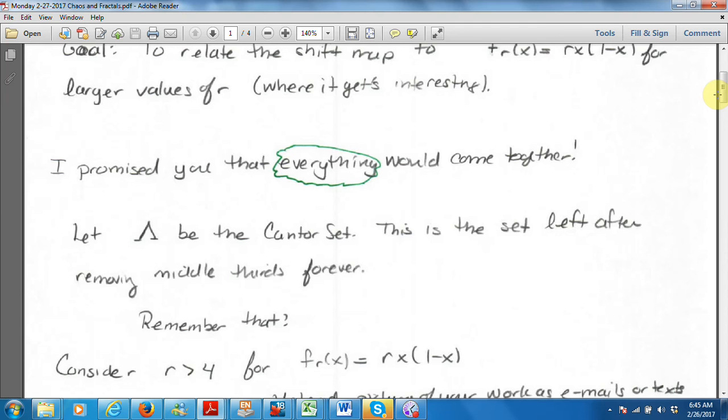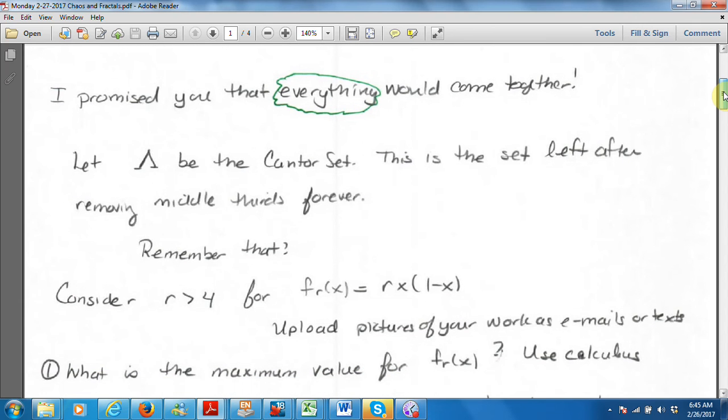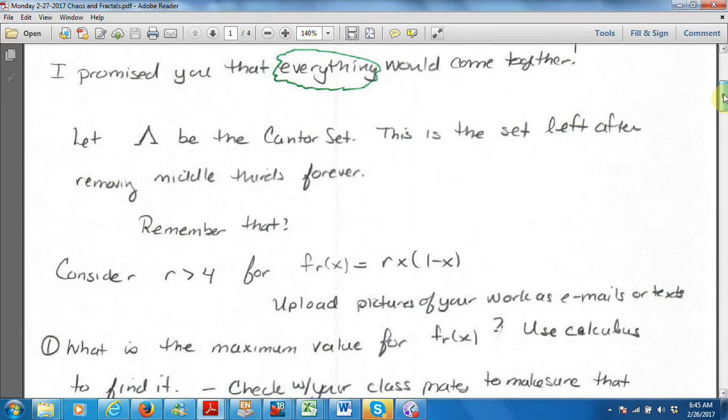It's an uncountable set, so it's not empty, but it also has measure zero. So it has all these weird properties. Just keep that in the back of your head. So we're going to look at the logistic map for r bigger than 4.